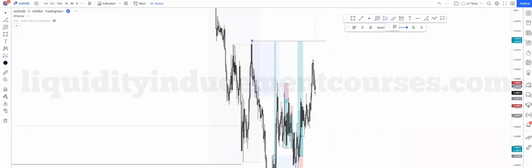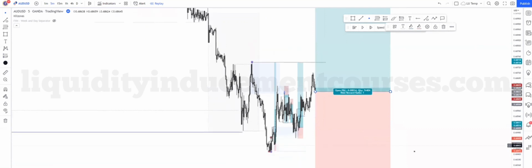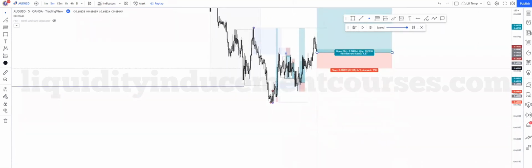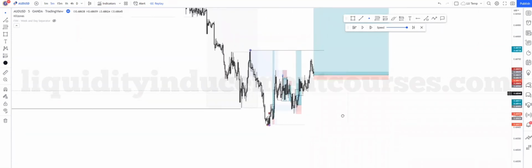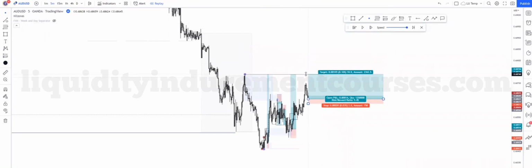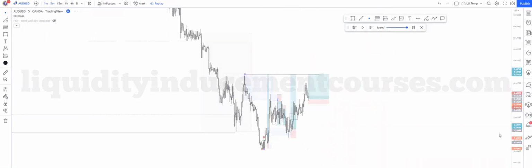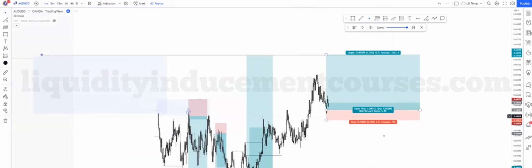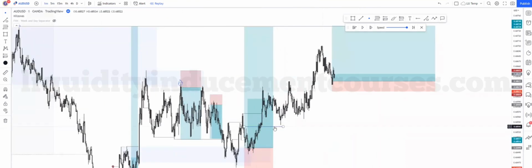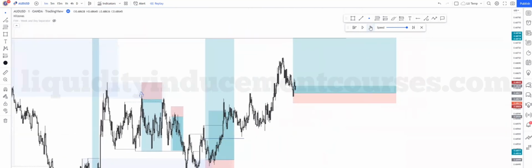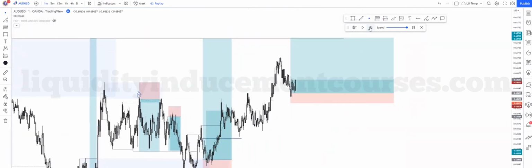Because we have that imbalance right there. Liquidity is just above. So I'm gonna just take this long from here. Remember, after a BOS, a new range is created. Like these right here, I was expecting price to come into this POI, but that didn't happen. So see what happens on this one.